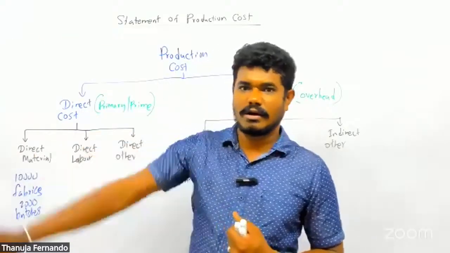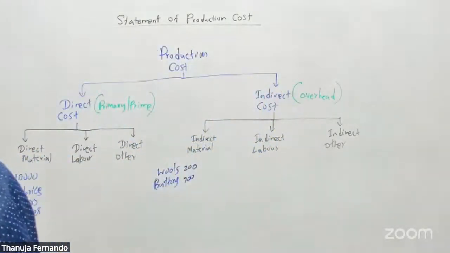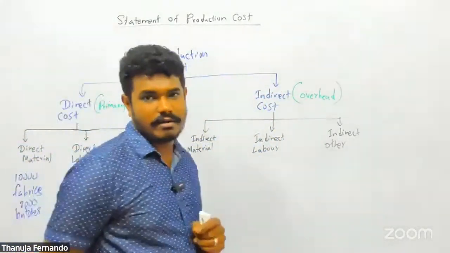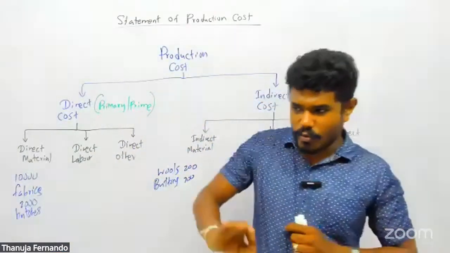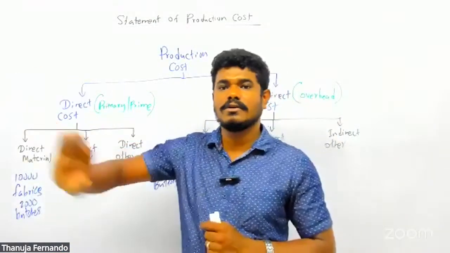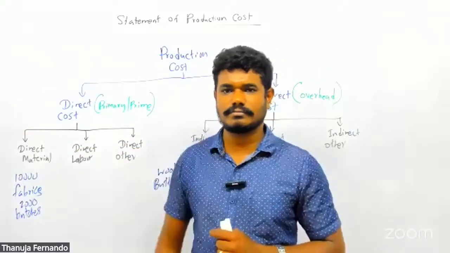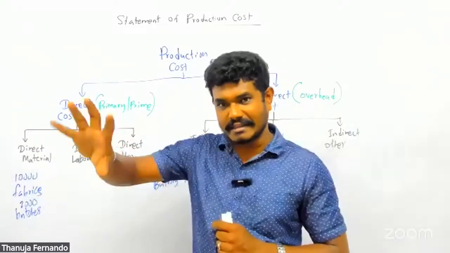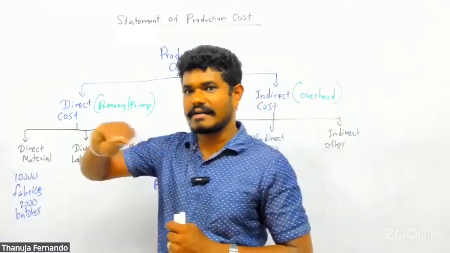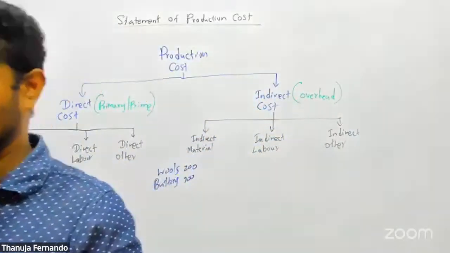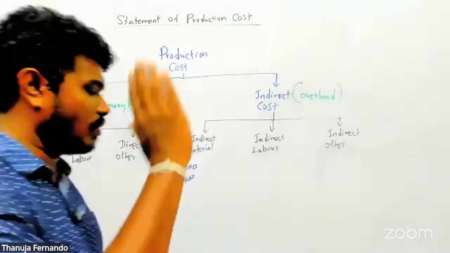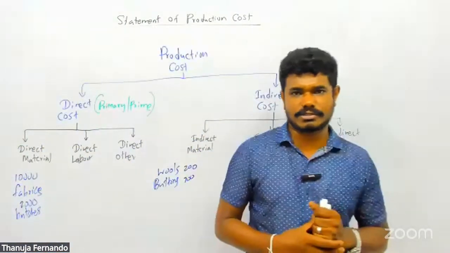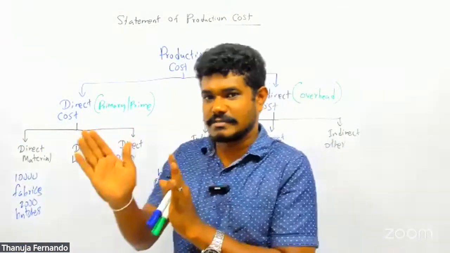Let's say there are 500 pages in the book. It means we need 500 pages for each and every book. And to print this, we need 100 milliliters of ink to print all 500 pages. Then we know this much ink we need.